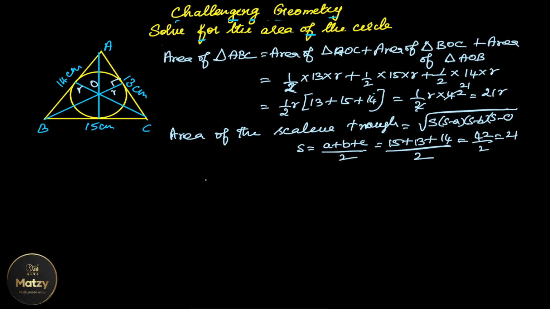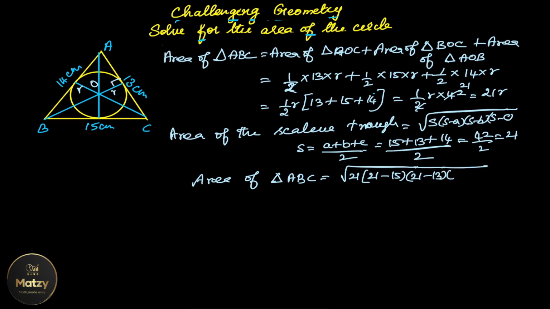Okay. Now area of triangle ABC is equal to square root of 21 into S is 21, no, 21 minus A. What is A? 15. Then 21 minus B. What is B? 13.